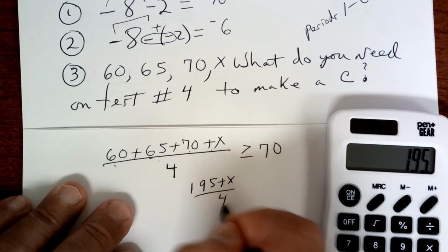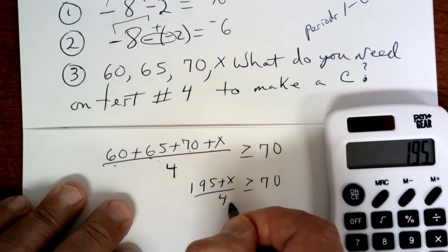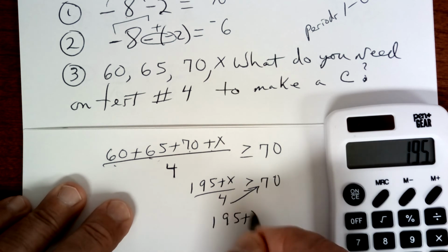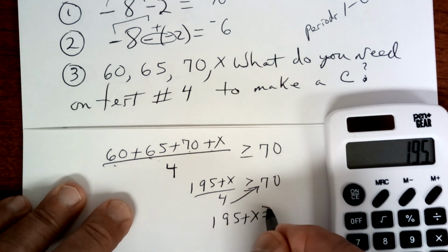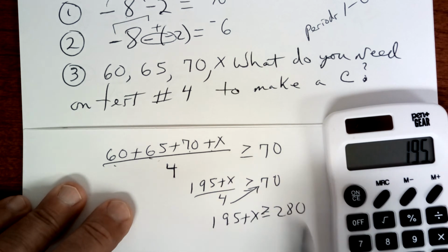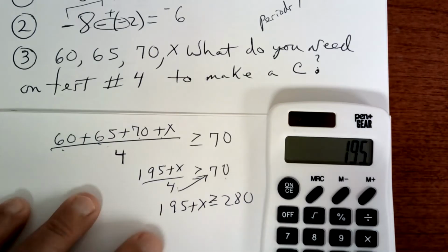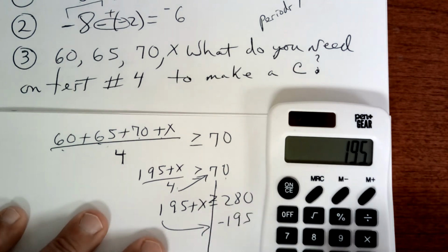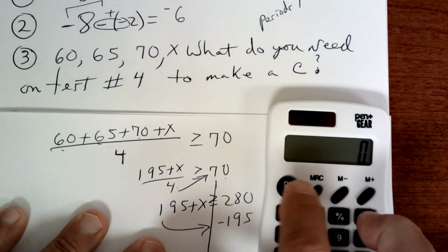And so what I'm going to do is multiply by 4, and I think that's going to give me 280. Four times 70. And then I'm going to subtract 195.